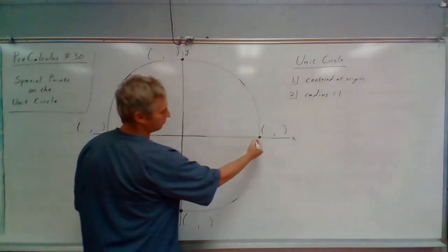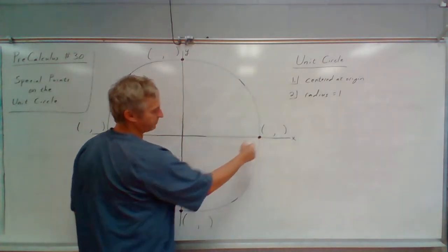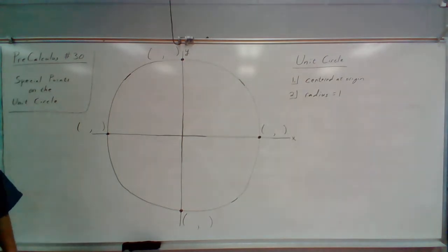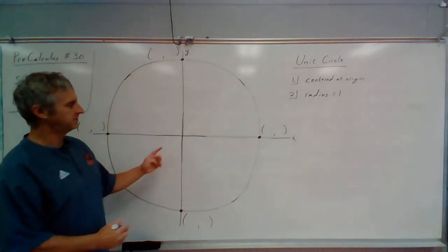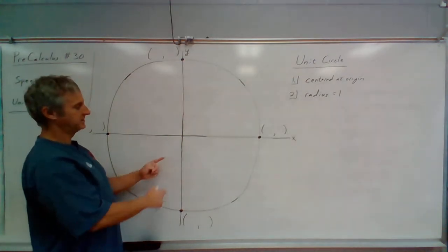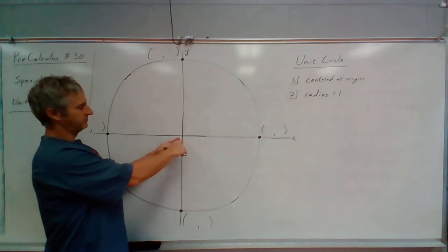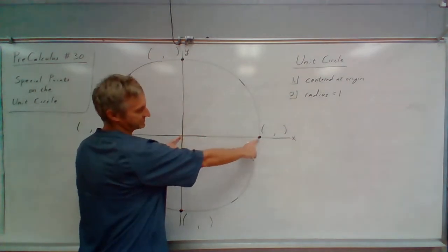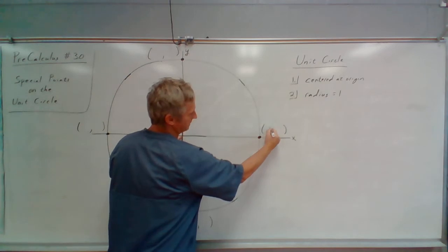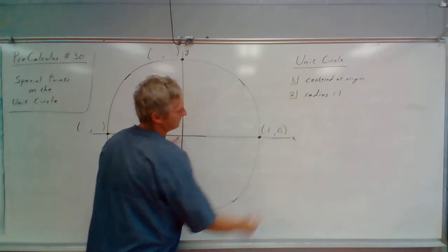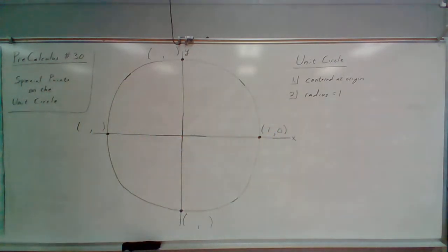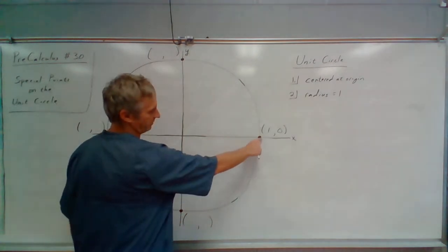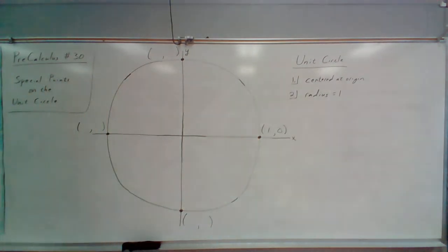So what are the coordinates of this point on the circle? Well, that's really easy. If it's on the XY axis and the radius of my circle is 1, then this distance is 1. So the X value should be 1 and the Y value should be 0. So this point on the circle is at the point (1, 0).